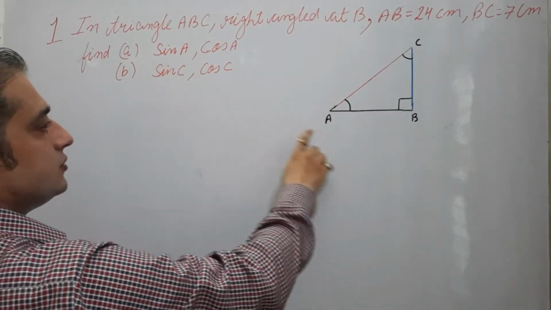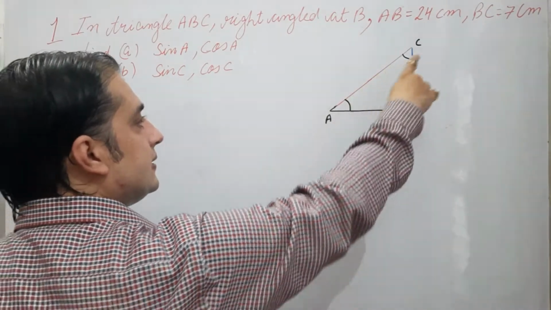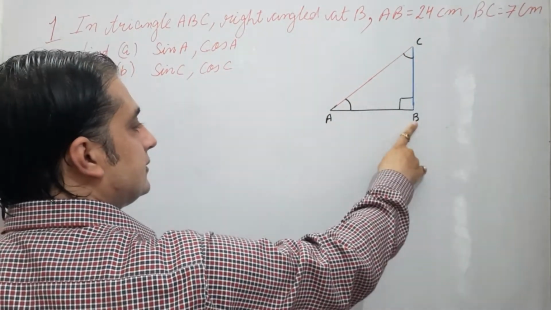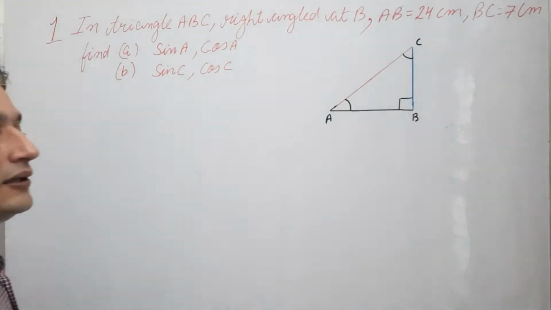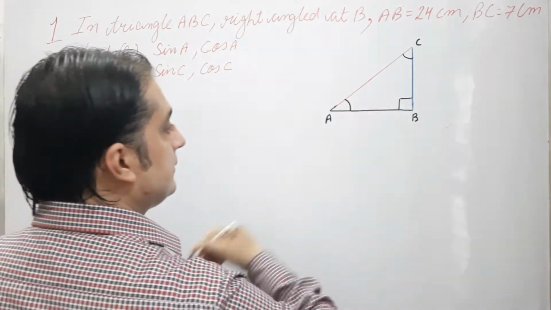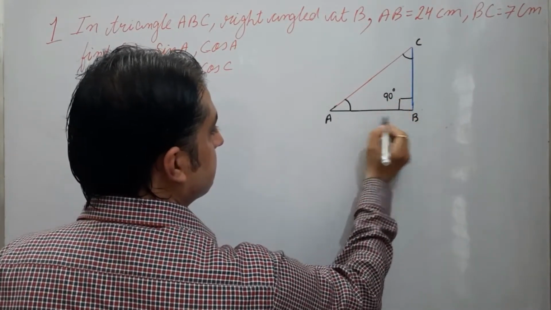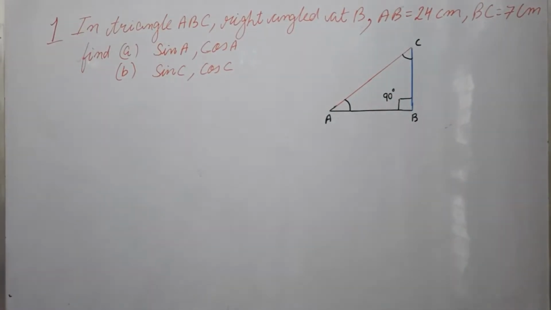The two vertices A and C represent the two acute angles, and the third vertex is for the 90 degree angle. So this angle is 90 degrees, right?